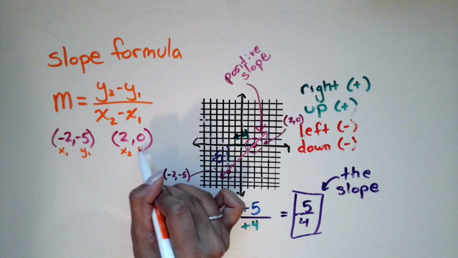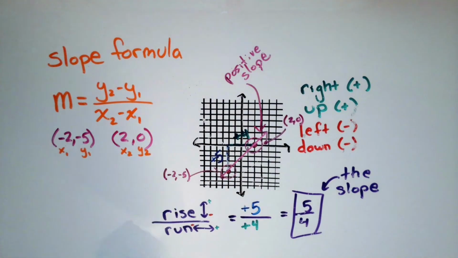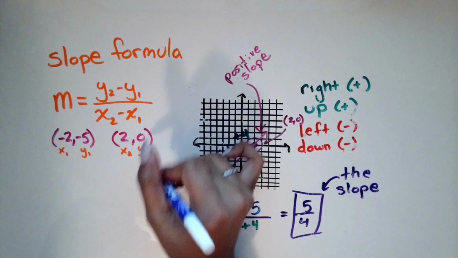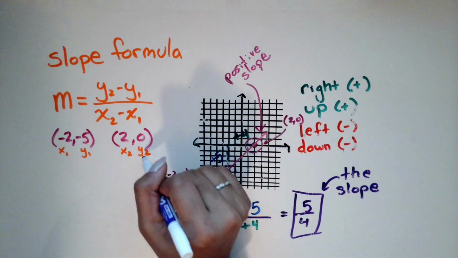It can help you to label the coordinates with x1, y1, x2, y2. This way you know exactly what's going to go where using the formula.